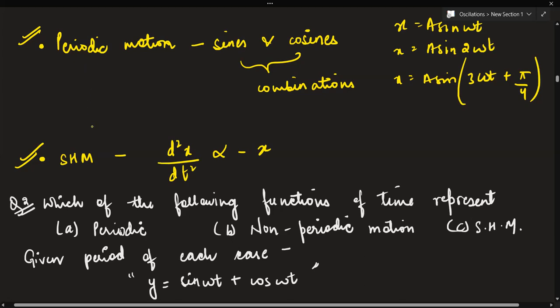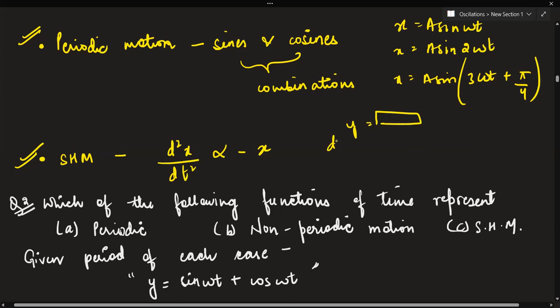And when you take the double differentiation d square x by dt square of the equation provided to you, if it is directly proportional to the negative of the displacement, it is SHM. Let's say y is equal to something is given, and you have to identify whether it is SHM or not.